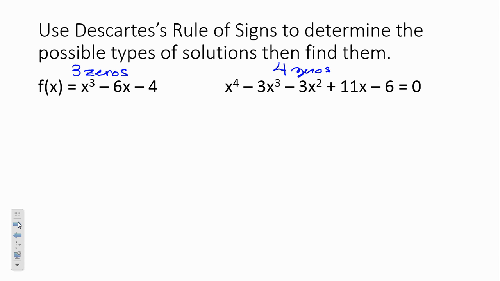Let's look at our sign changes. The first one's positive, right? Positive to the second one. Is there a sign change? Yes. How about to the next one? No. So how many positive zeros can we have? 1. So we know to look for a positive zero. Okay? We have 1 positive zero.